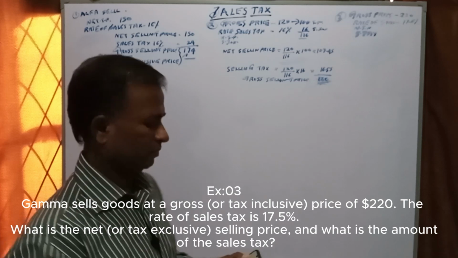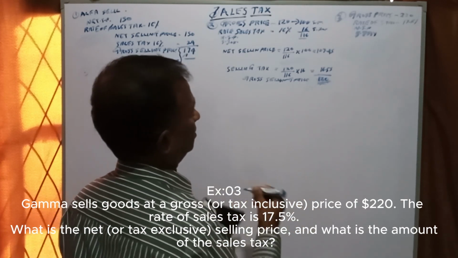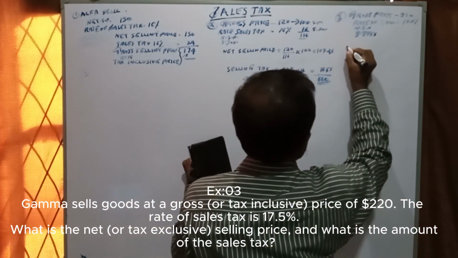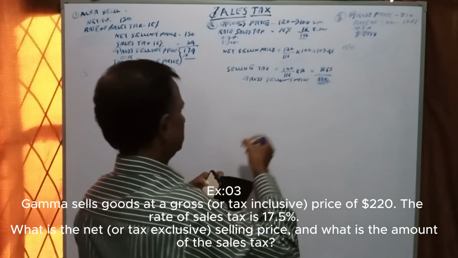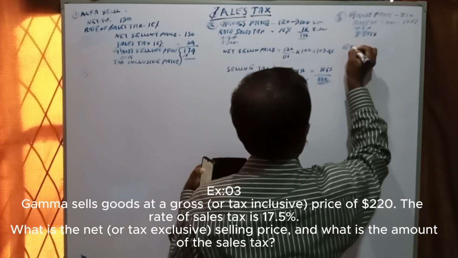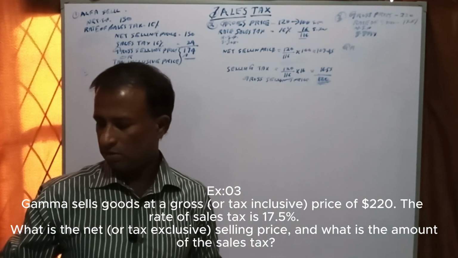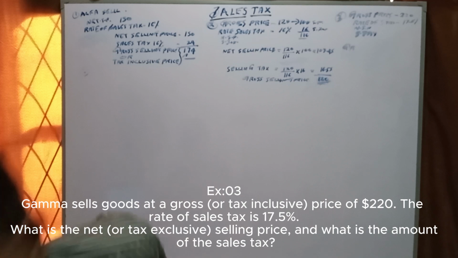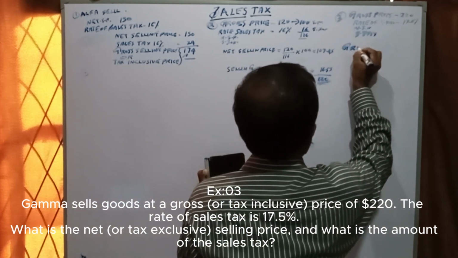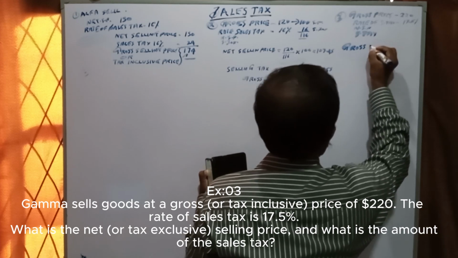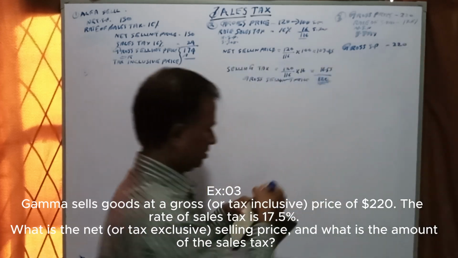First of all, gross selling price equal to 220.